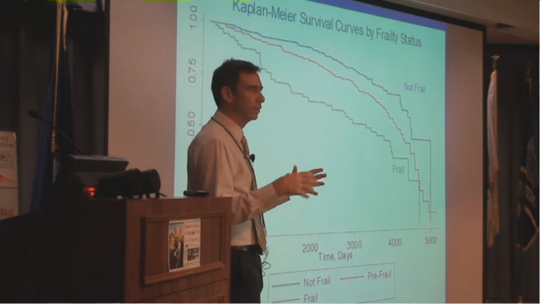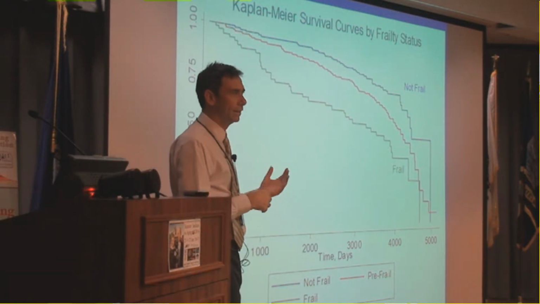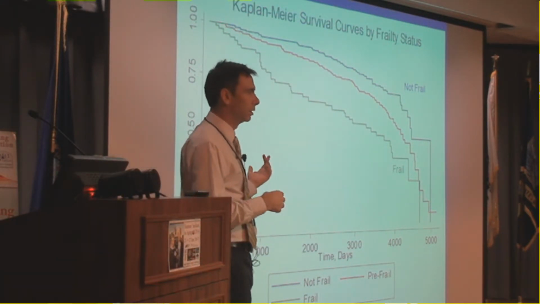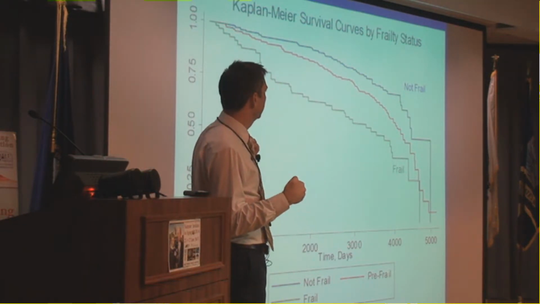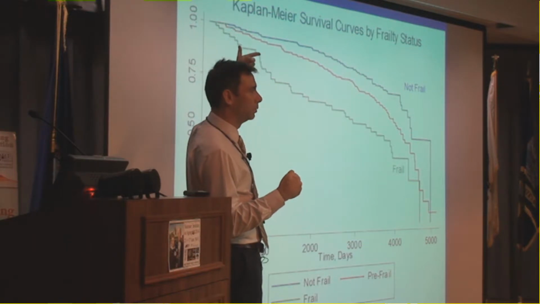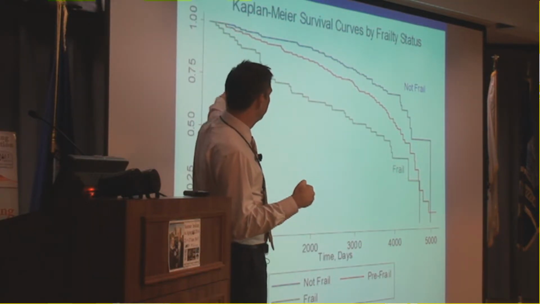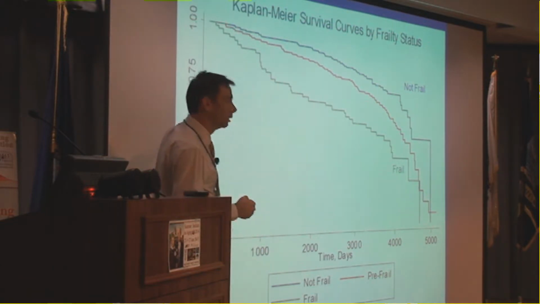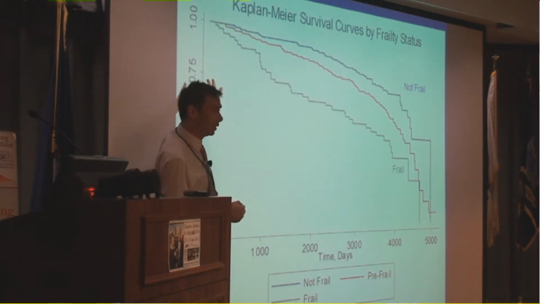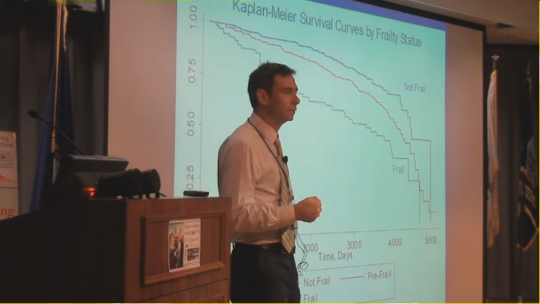There are different ways to score it, and with the scoring, they categorized people as either not frail, in blue, pre-frail, in red, or frail, in green. So this is at the beginning. How do they define frailty?